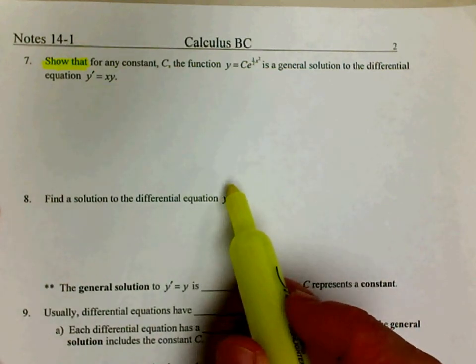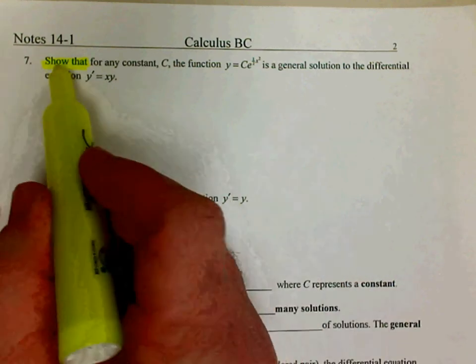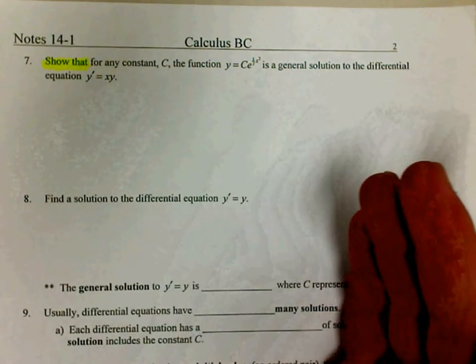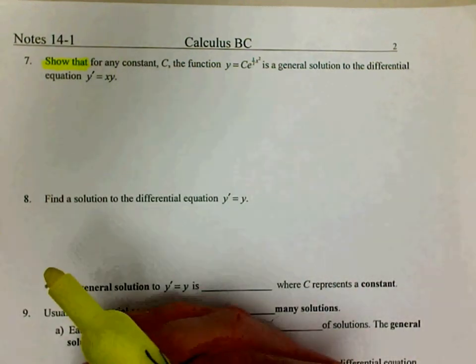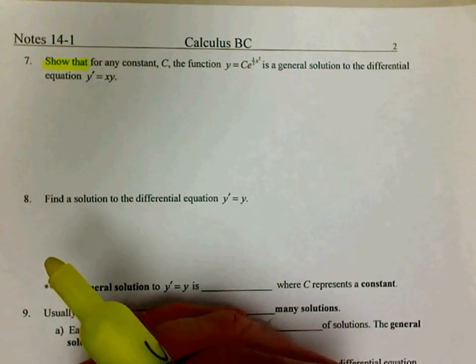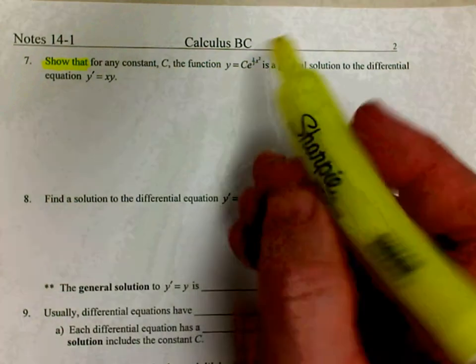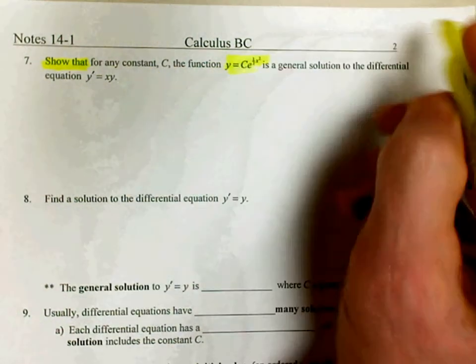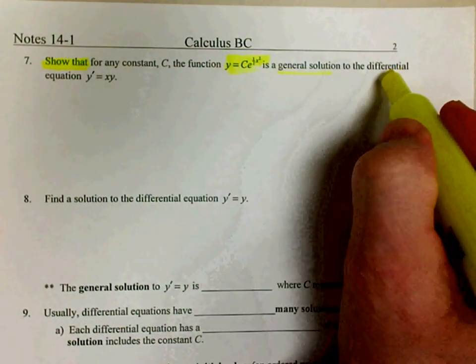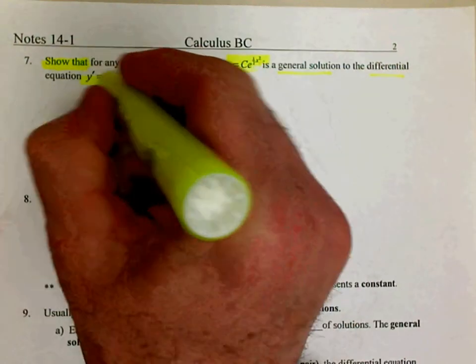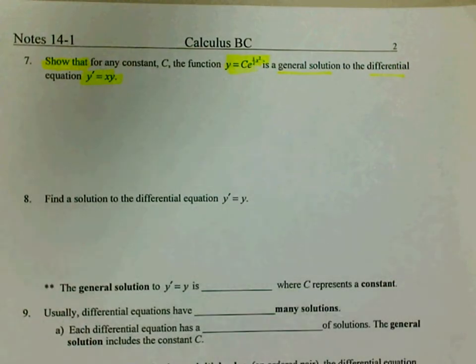So with show, we want to make sure we start with something and end up with what they're asking us to prove. So in this case, it says show for any constant c, this function is a general solution to the differential equation y prime equals x times y.